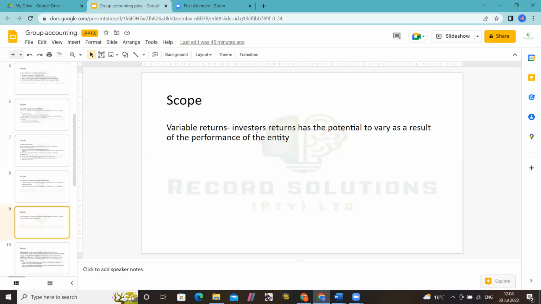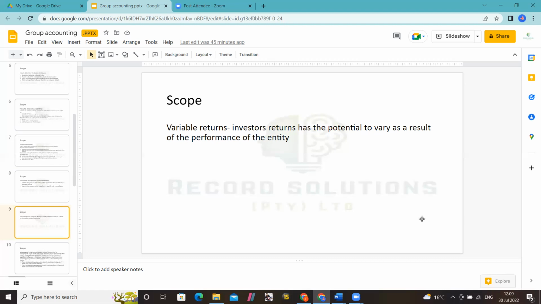Now that you've ascertained that these returns do vary as a result of the performance of the entity, a normal business's returns vary as a result of performance. Like I said, the amount on the profit statement won't be the same every year. It's not like if you receive 5 million profit, you will receive 5 million profit next year.